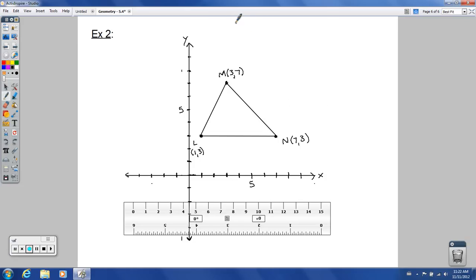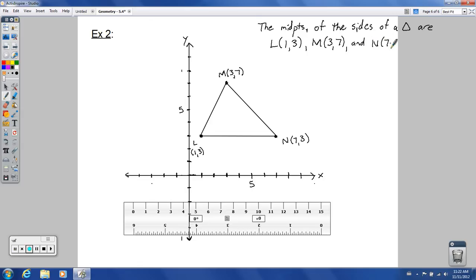So let's write this down. Here's the question. The midpoints of the sides of a triangle are, we had L at 1, 3, we had M at 3, 7, and we had N at 7, 3.